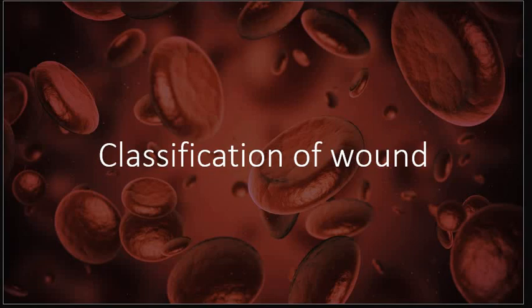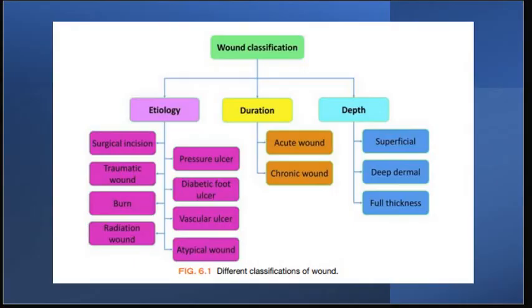To classify the wound we have three basic branches. We usually classify the wound according to the cause, according to duration, and according to the depth of the tissue involved. So the first classification is according to the cause, etiology.